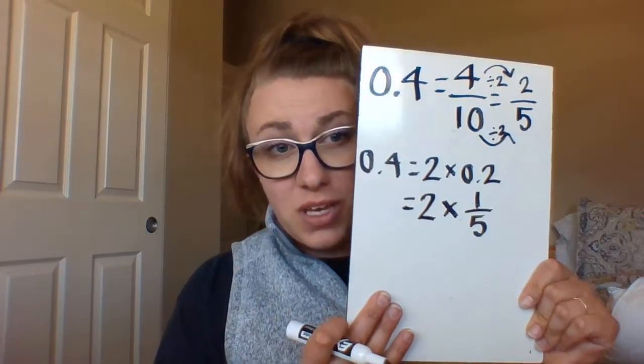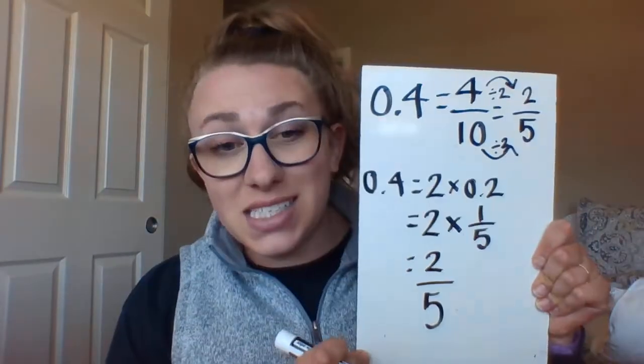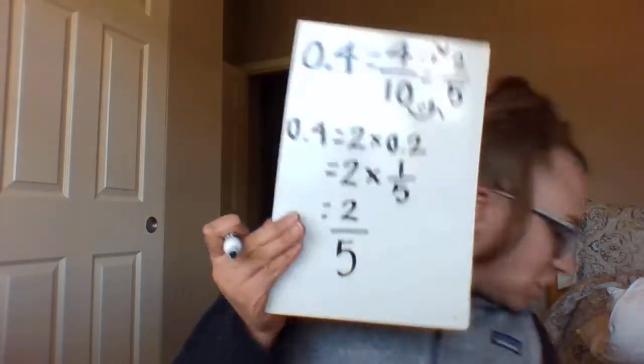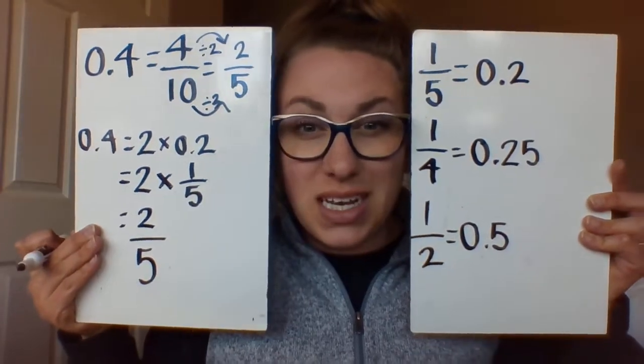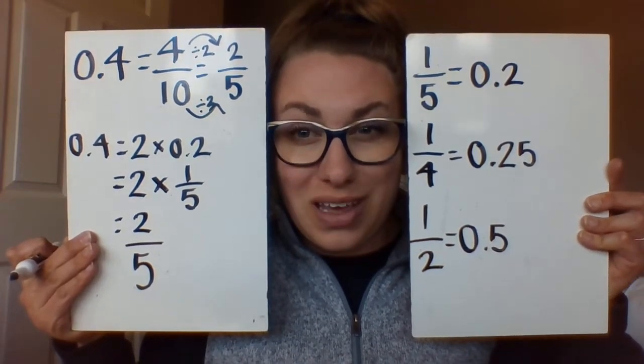So we could also write this as 2 times 1/5. And what's 2 times 1/5? 2/5. So this is an example of using those common fractions and decimals that we already know and have written down to help us understand a little more complicated one.